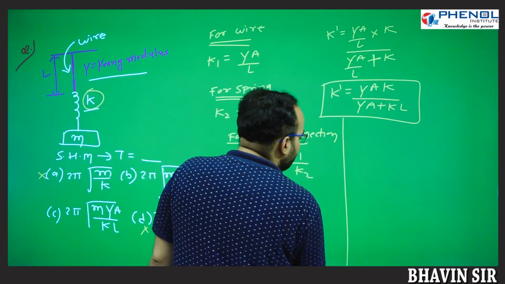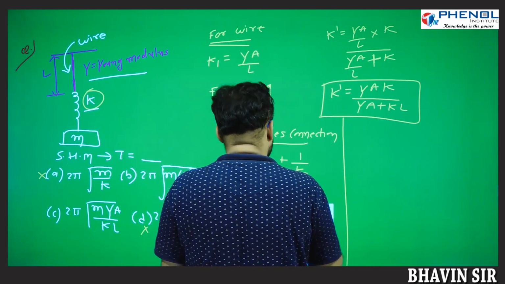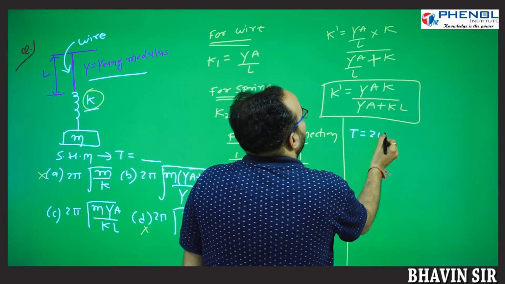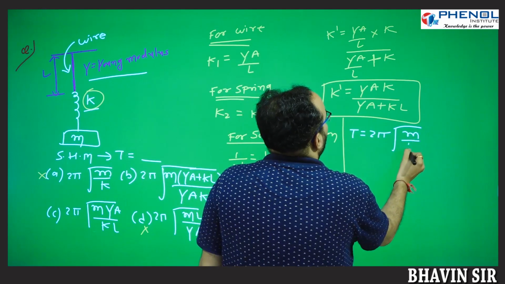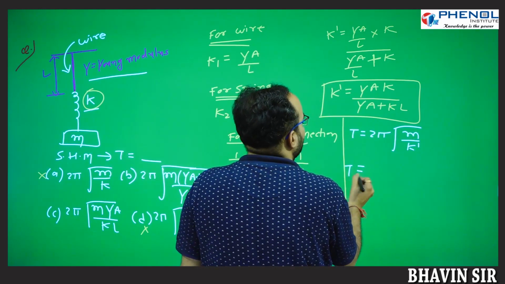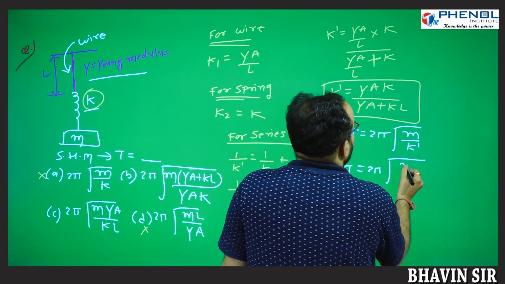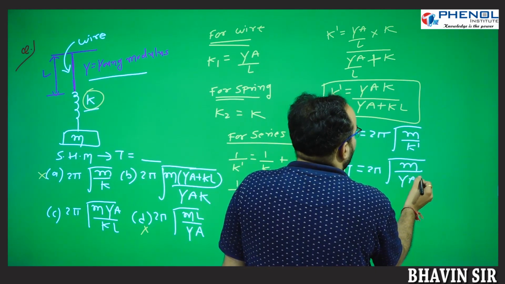Now what is the time period? 2 pi under root m by K dash. What is K dash? YAK upon YA plus KL.